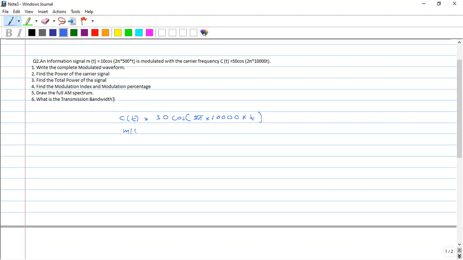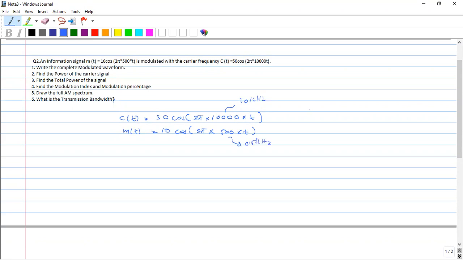And MT is given as 10 cos 25 FMT, with FM at 500. So this is a 10 kilohertz signal, and this is a 0.5 kilohertz signal.